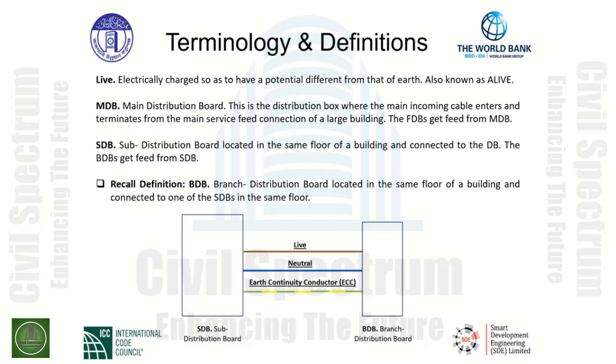Below is a description indicating the sub-distribution board that feeds a branch distribution board. As can be seen, we have a live conductor, a neutral conductor, and an earth continuity conductor that is sized properly for the load of the branch distribution board.